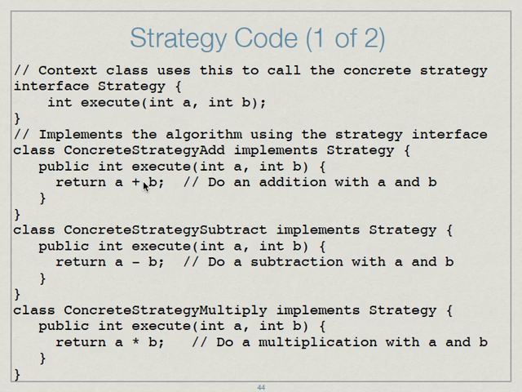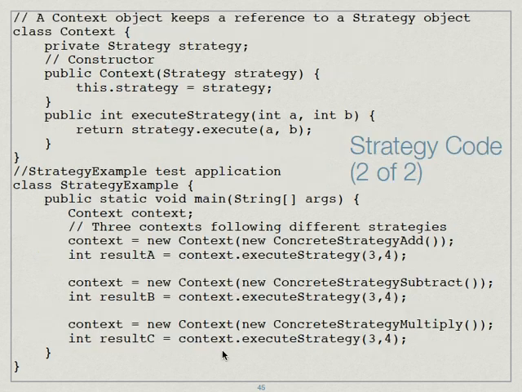Okay. So we have an interface strategy that would operate on some data. Okay. In this case, it's just 2 data items. In other case, it may be a list, it may be 3 items, and so on. And each strategy would implement this interface and do the algorithm. In this case, this is an addition, this is a subtraction, this is a multiplication.